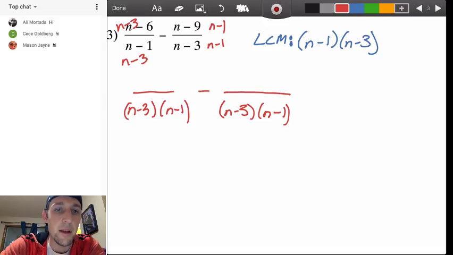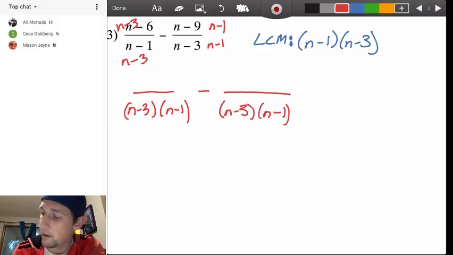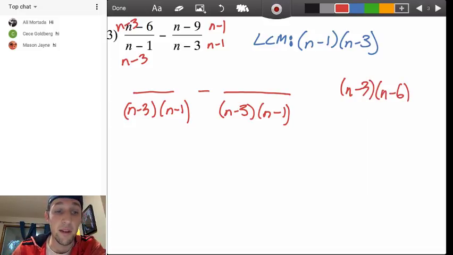In our numerators, what we're going to do is multiply. So I'm going to show this over on the side, because I'm kind of running out of room here. Basically in that first fraction, we're going to take n minus 3 times n minus 6, and we're going to simply multiply those together.